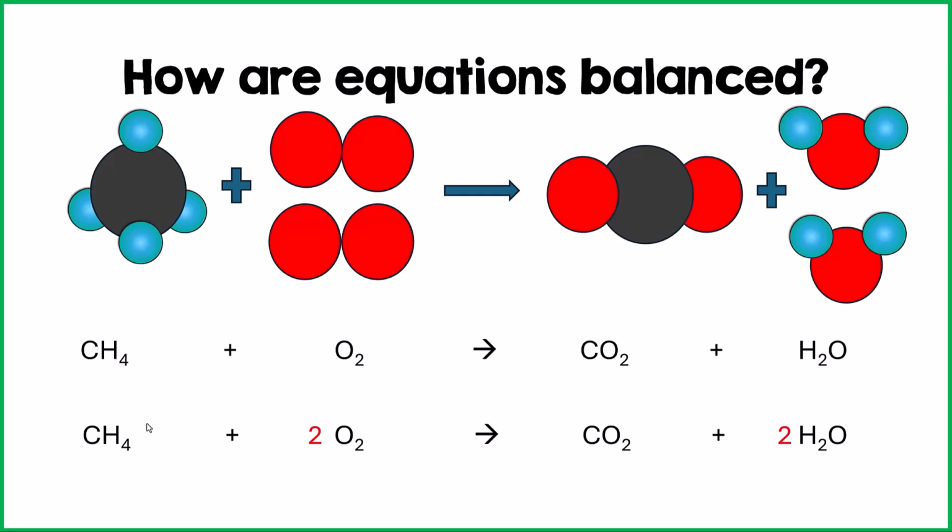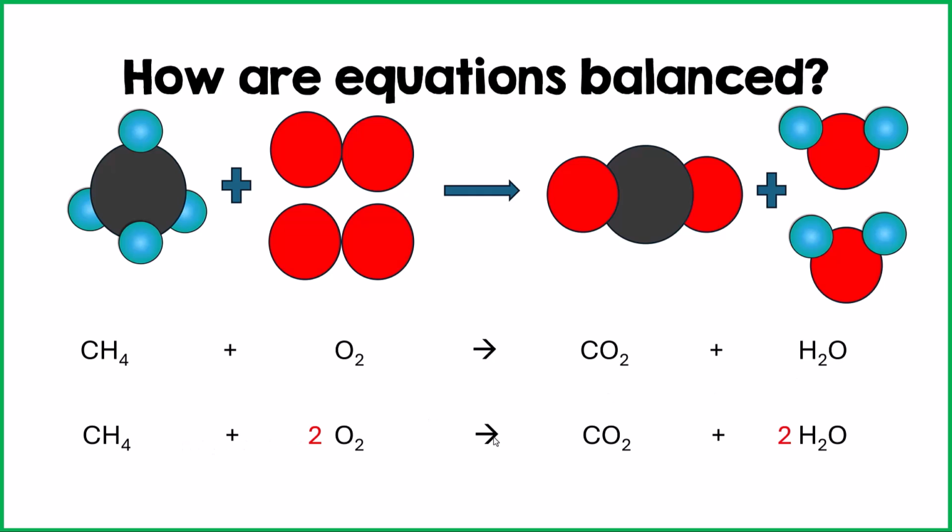And so now our balanced equation is CH4 plus 2 O2 yields 1 molecule of carbon dioxide still, and 2 molecules of H2O. You can see we've changed the coefficients in front of some of these molecules. We never change the subscripts, though, because that would be changing the chemical formula for those molecules, and we would be making some different substance that's not true of what the chemical reaction actually did.